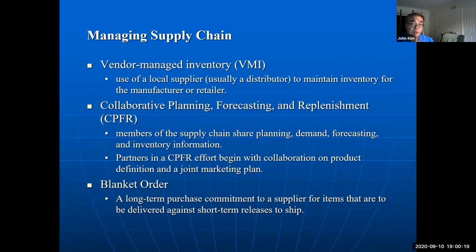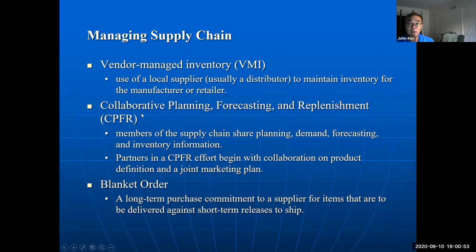Amazon doesn't have that inventory, but a customer places an order, and then that order is connected to a vendor, and the vendor sends the product or service to the customer. That is a vendor managed inventory system, VMI. So in supply chain, to reduce inventory costs and respond fast, many companies use this VMI.